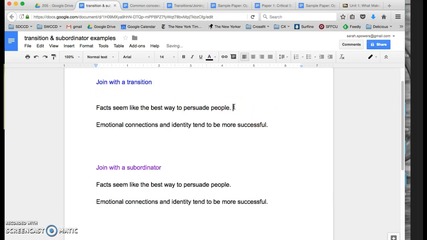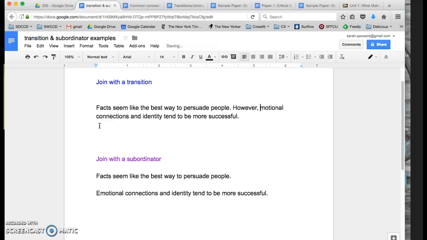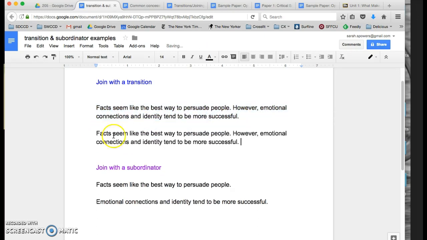Okay, so let's do that. So I can do period, capital H, however, with a comma, make this lowercase e, and now I have it joined with a transition. So that's one way. I could also do lowercase h with a semicolon.